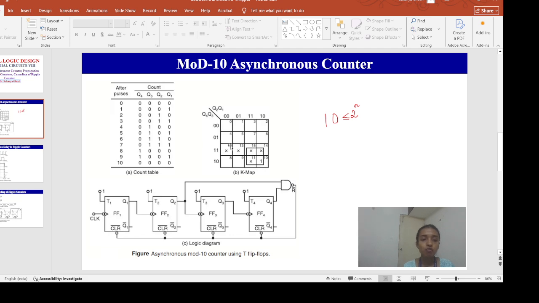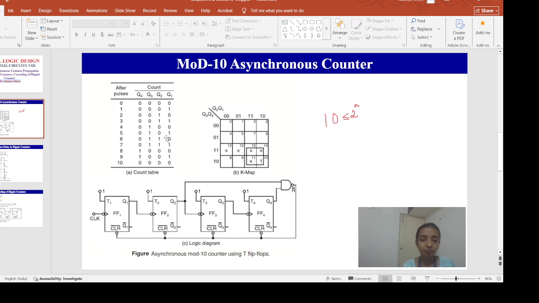So for the K map, this is a 4 variable function Q4, Q3, Q2, Q1. So we need to have the 16 possible cells. Here you put Q4, Q3, here you have Q2, Q1.